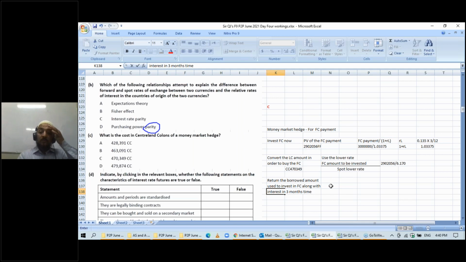Okay, so now in 3 months time, how much amount will be repaid? So it will be amount of borrowing multiplied by 1 plus what rate should it be? RB, the borrowing rate. And in which currency? As you have borrowed the local currency, it should be the local currency amount.